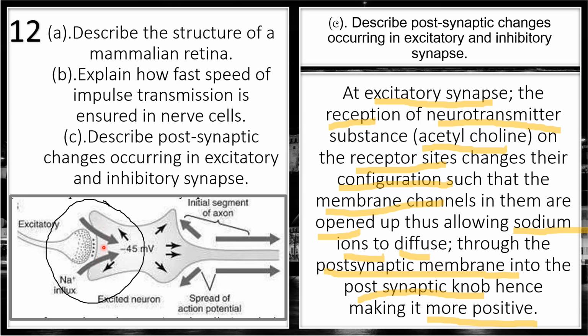And this will change the configuration of the membrane, and then it will cause the membrane channels to open, allowing the sodium ions to enter into the postsynaptic membrane. And when this happens, it is going to cause this part to become more positive.